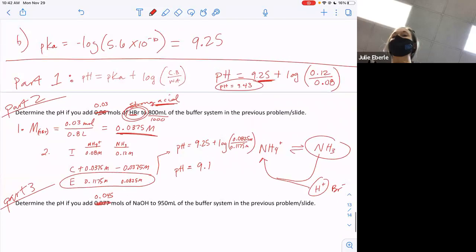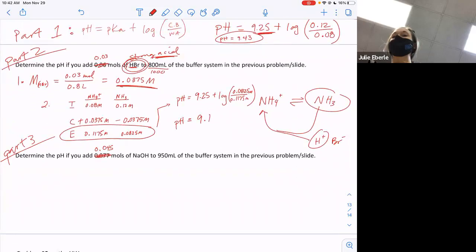And then the last part of the buffer problem says determine pH if you add 0.045 moles of, now we're adding strong base, NaOH, to 950 milliliters of the buffer system in the previous problem.